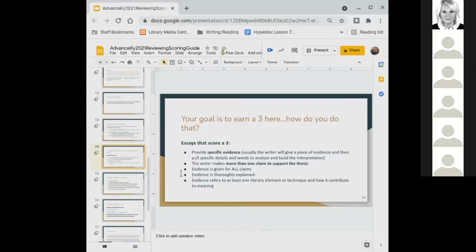So the third bullet is that you give evidence for every claim that you make. How do we think we're doing on that bullet? Are we giving evidence for everything we claim?